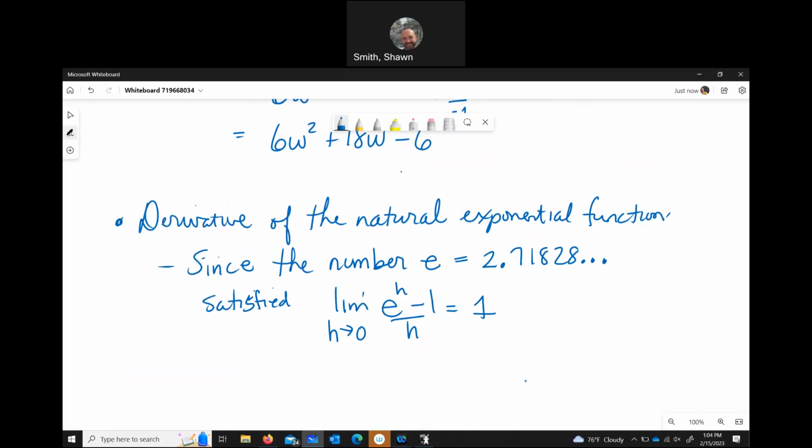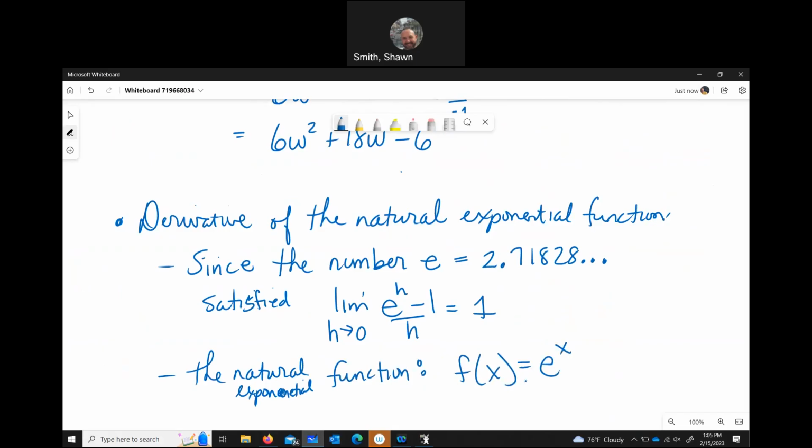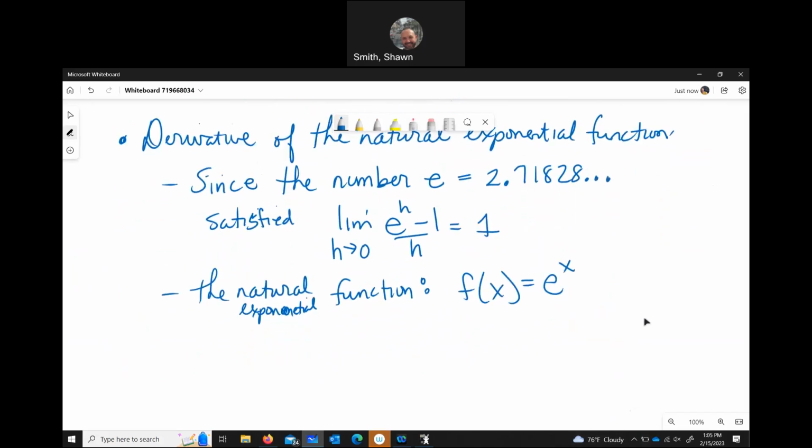All right, so the natural exponential function f of x equals e to the x. Let's find the derivative of this.